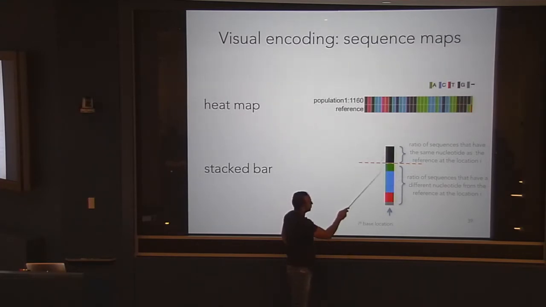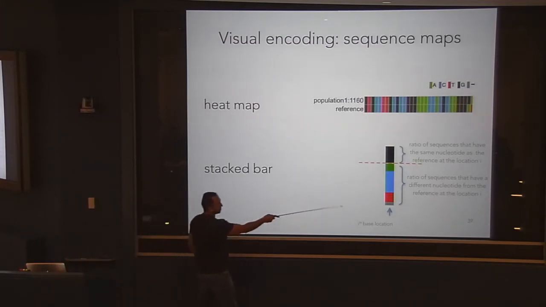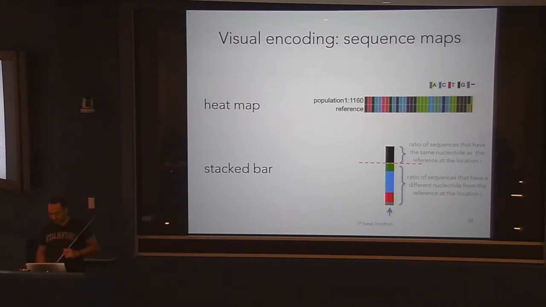The length of the bar above that baseline represents the ratio of sequences that have the same base value at that point as the reference. And the distribution behind the baseline represents a difference in frequencies. You can think of it like mutual information, but visually represented.